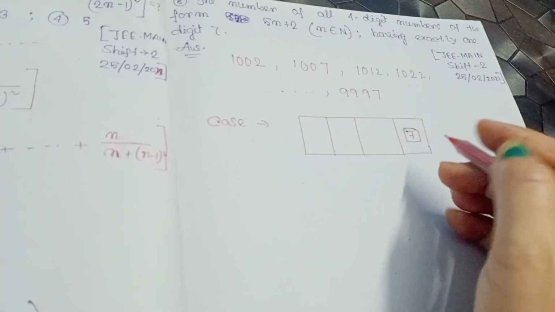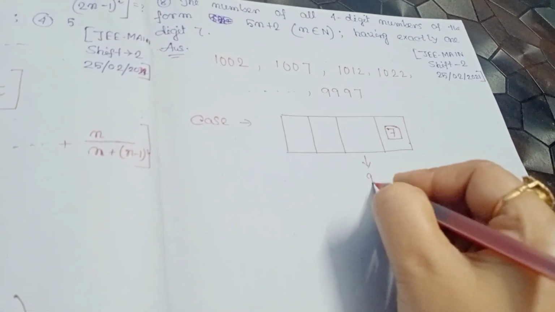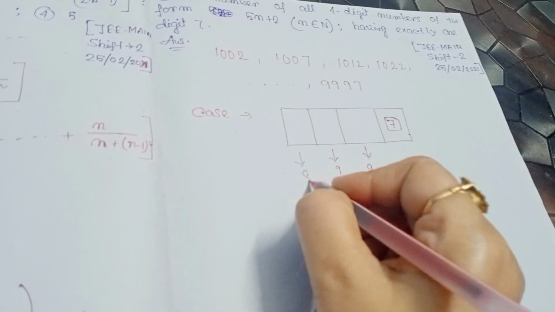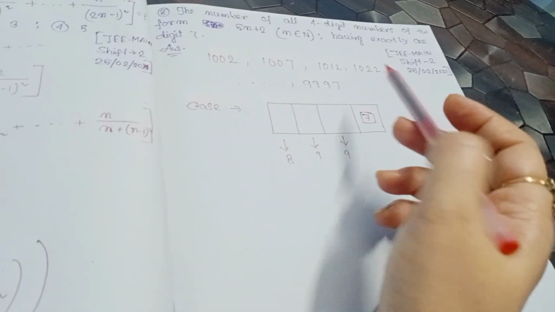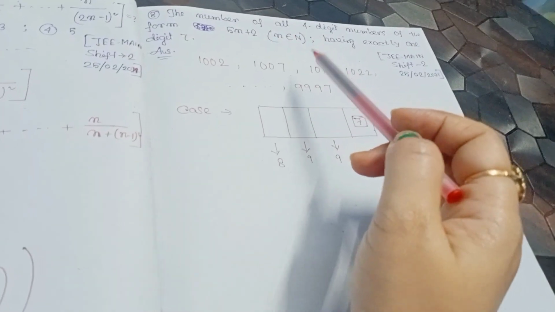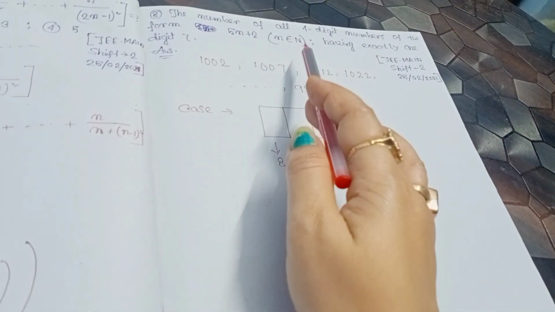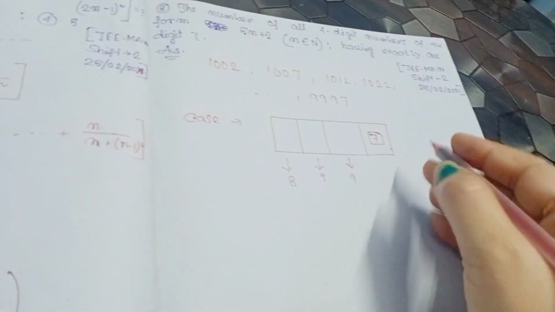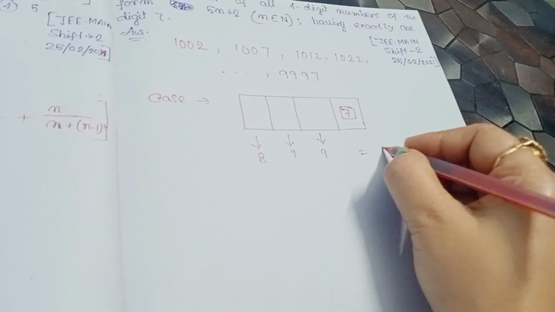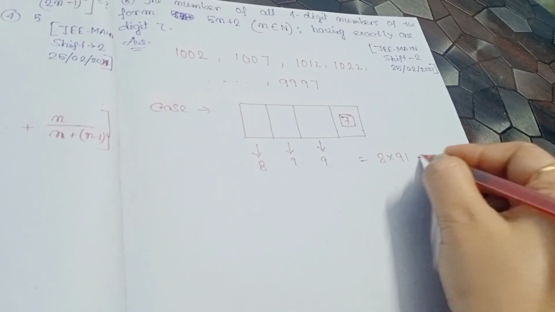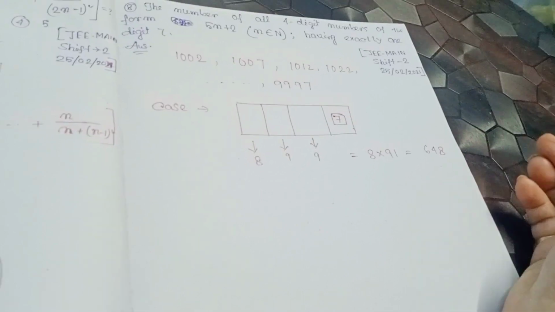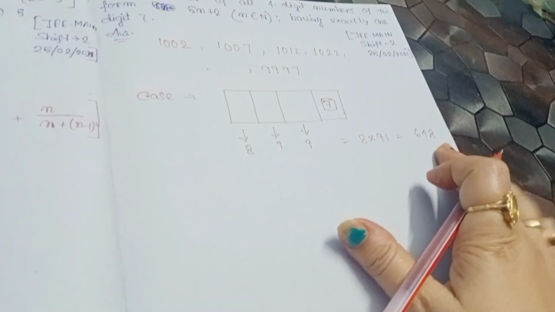Now this is 9, this is 9, and this one starts from 8, all of the form 5n plus 2. So this is 8 into 91, which becomes 648. These are the total numbers formed in case 1.